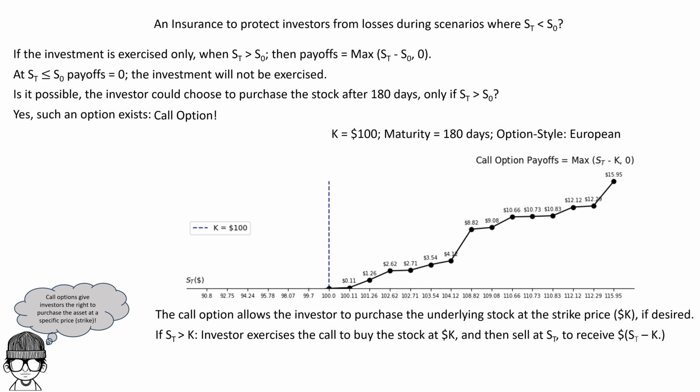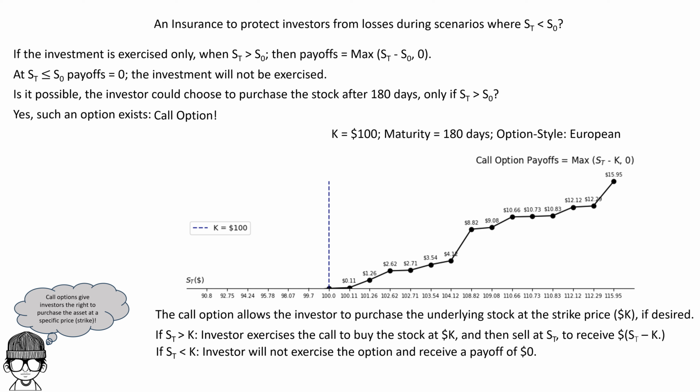Now, if the stock price ST is greater than the strike price, the investor will choose to exercise the call and buy the stock at the strike price and then sell it in the market at ST, which is higher than the strike price. And they'll receive a payoff of ST minus K. Now, if the investor is in a situation where ST turns out to be less than the strike price, then they will not exercise the option and receive a payoff of 0.